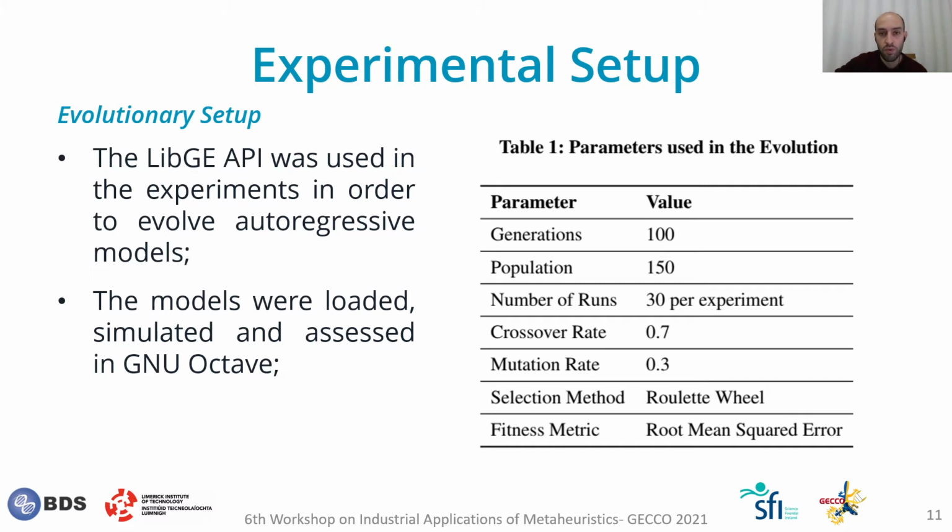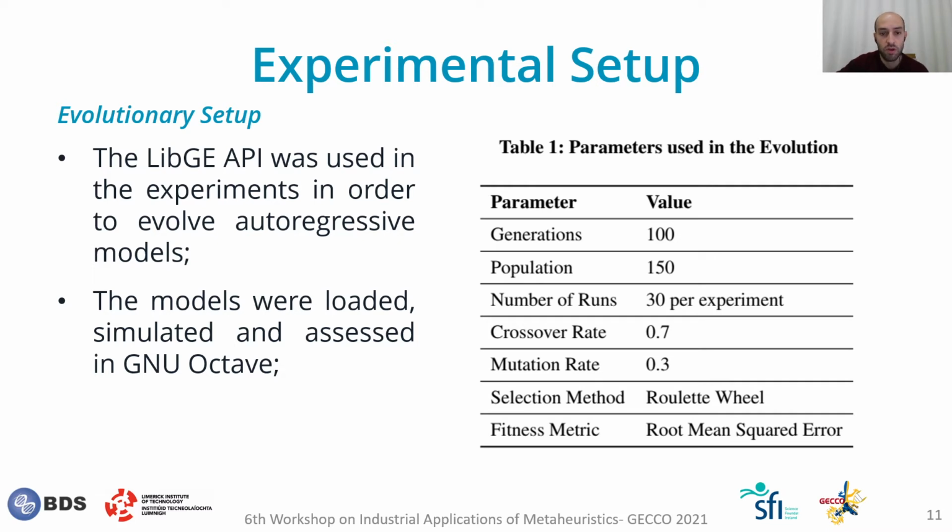On the parameters used in the evolution itself, we have used 100 generations with 150 as the population number. We have run 30 different runs for each experiment, so we get statistically significant output from it.